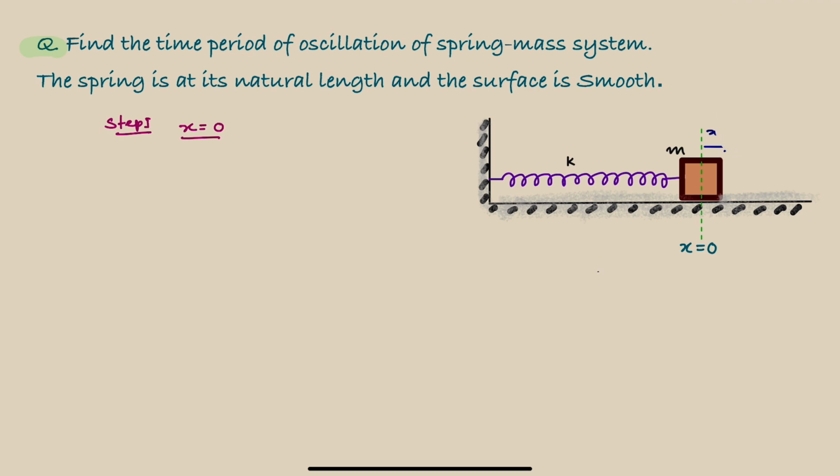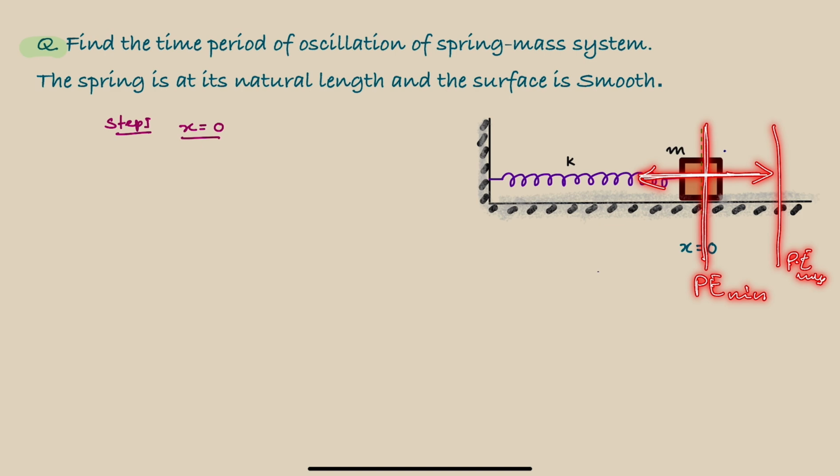In the next step, we have to write down the total energy of the system at a certain displacement. So we will imagine that the block is executing simple harmonic motion about this position. Here the potential energy is minimum, and here the potential energy is maximum.